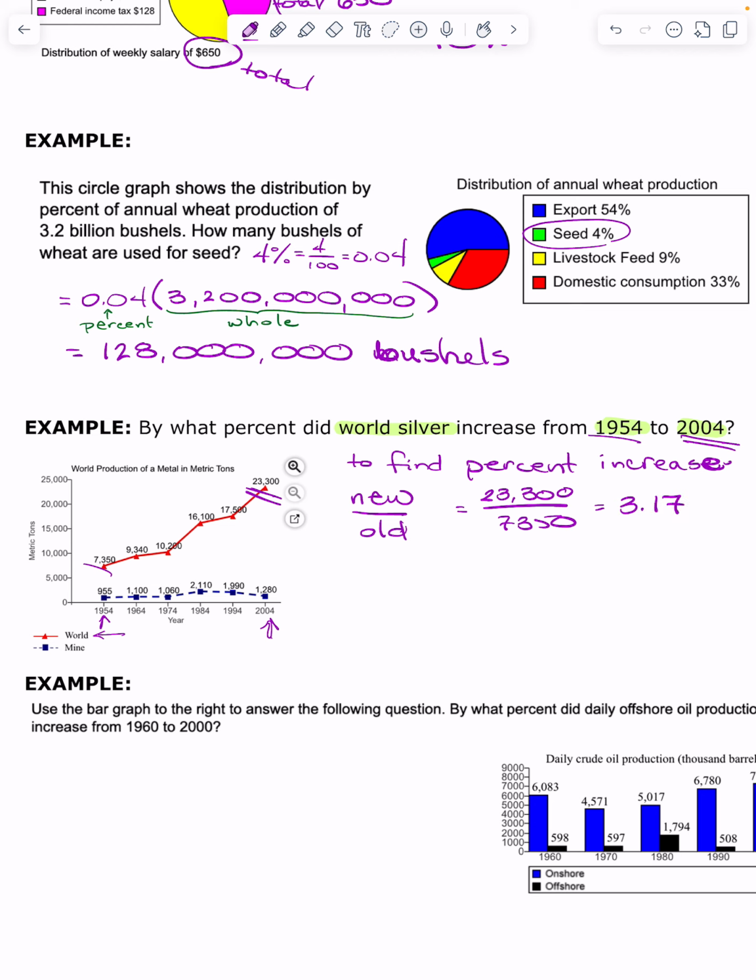Now, we're not used to having a whole number when we work with percent, so sometimes it's a little unsettling. To convert from a decimal to a percent, we multiply by 100.